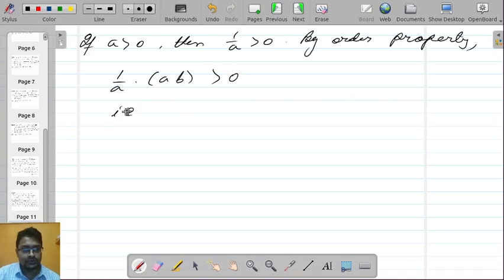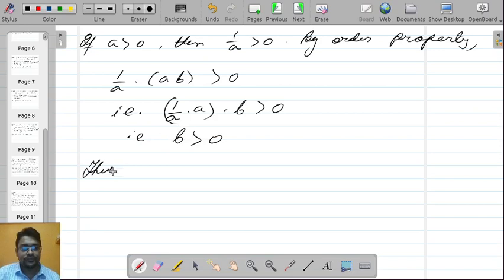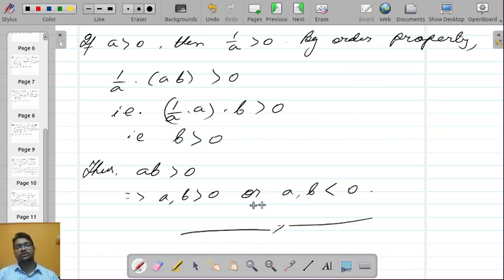So that is 1 by A, and just by the associative property, B is greater than 0. That is B is greater than 0. Thus AB greater than 0 implies A, B are both greater than 0, or A, B are both less than 0. This is what we have proved, right?